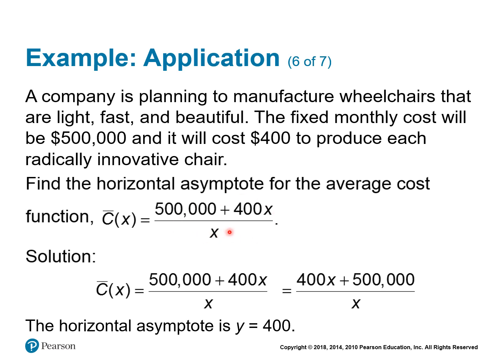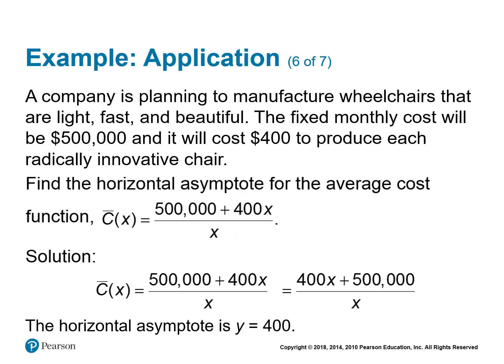So we have to identify the leading exponents. However, first check if the polynomials in the numerator and the denominator are arranged properly in order of their exponents. Here we have 500,000 plus 400x. This is not properly arranged.